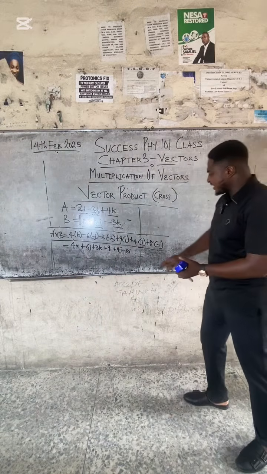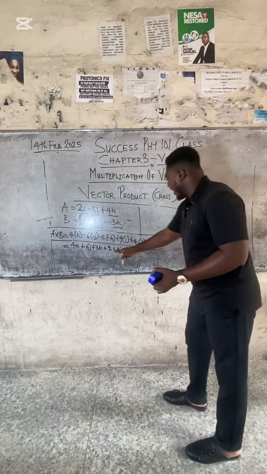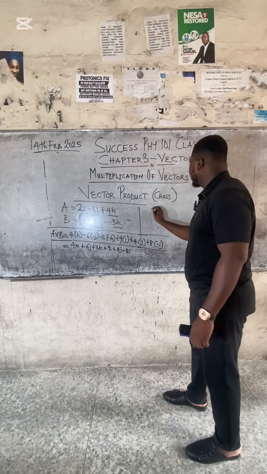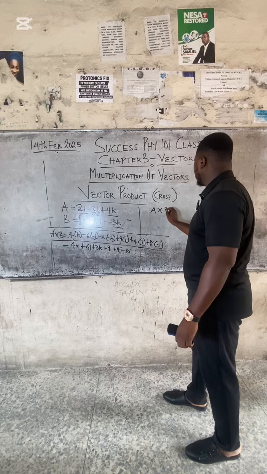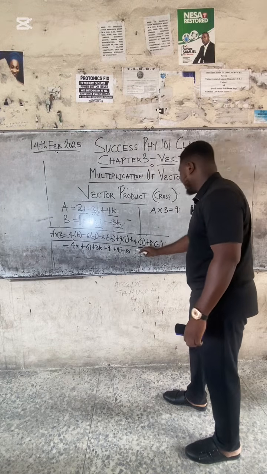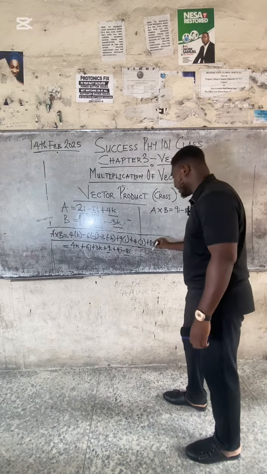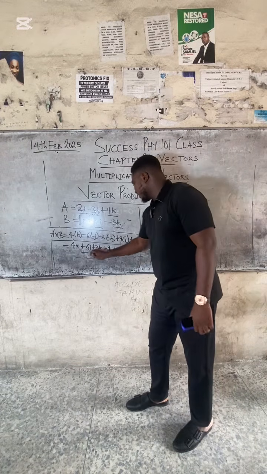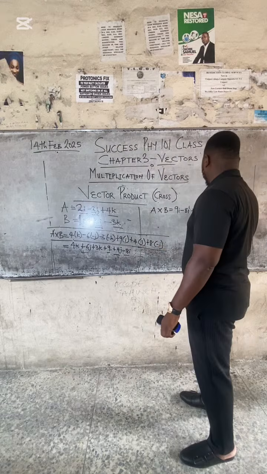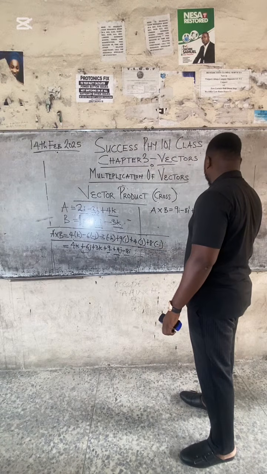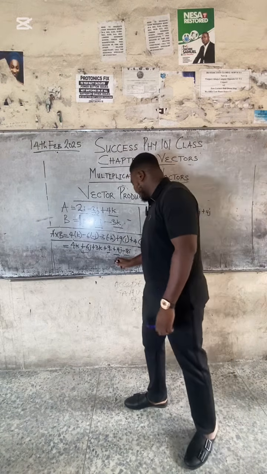Class, let's now collect like terms. Let's start with the I's. We have 9I here, right? So A cross B is 9I minus 8I. Let's collect the J's. Where are the J's? Plus 6J plus 4J, right? Let's collect the K's.